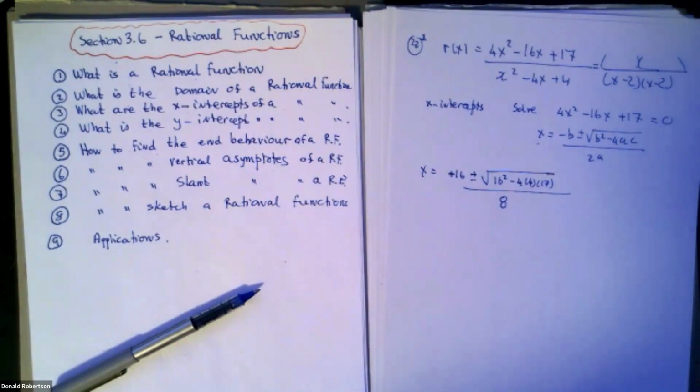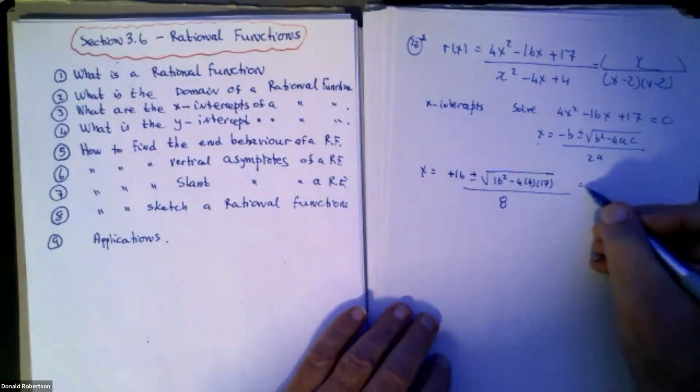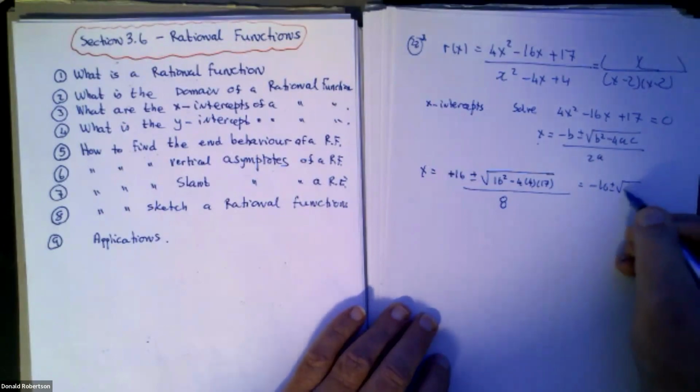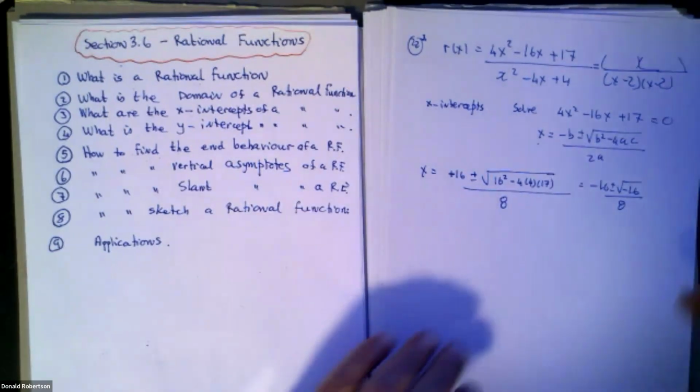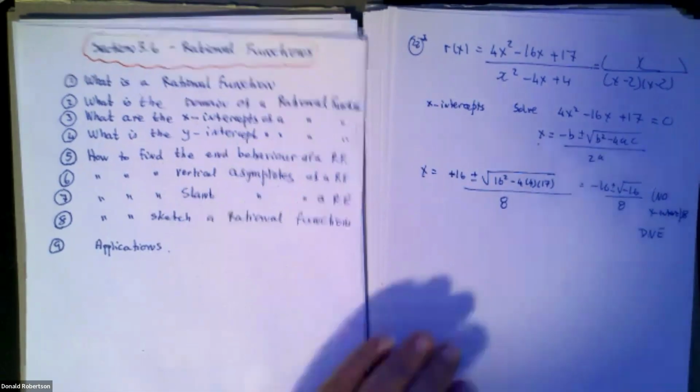Oops. 16 squared, take away 4 times 4 times 17. Let's see what that is. That's better. I get the answer, negative 16. And we know that there are no real numbers that you can get out of the square root of negative 16. So that means there are just no x-intercepts, and we would say DNE.